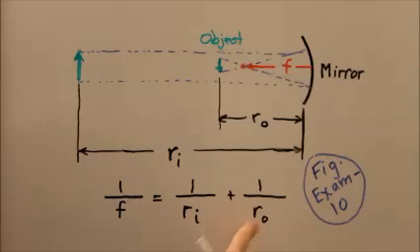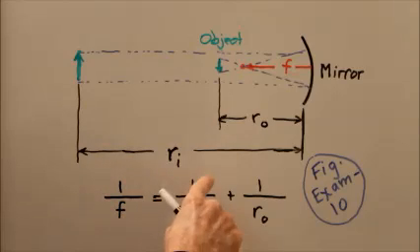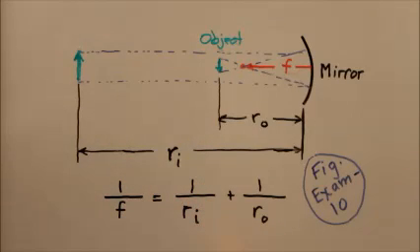Here is the formula that we use that relates these quantities: 1 over f equals 1 over r sub i plus 1 over r sub o. Well, we know f, that's 1. We don't know r sub i.